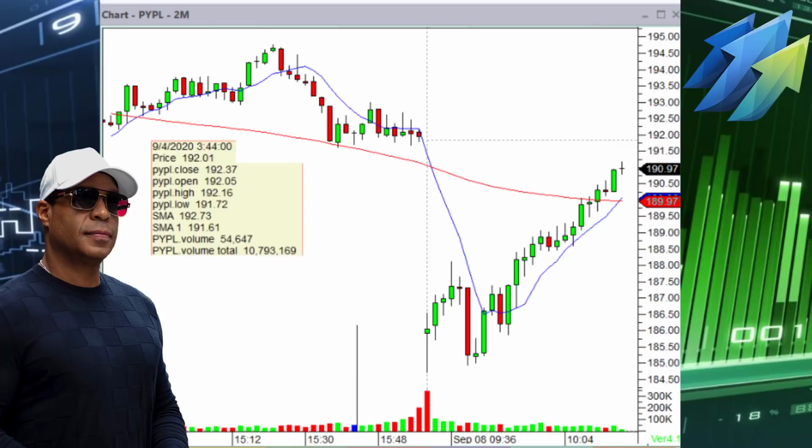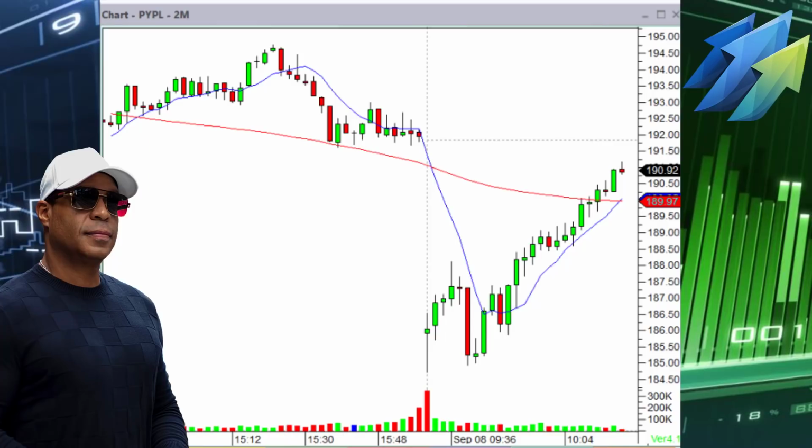Let me draw this out for you. Maybe, check this out. You missed this buy, green taking out red here. You missed it and the bar turns out to be an elephant. How do you still jump on board that?